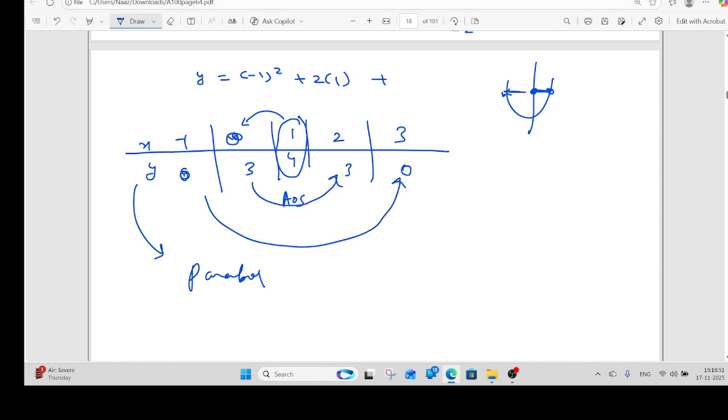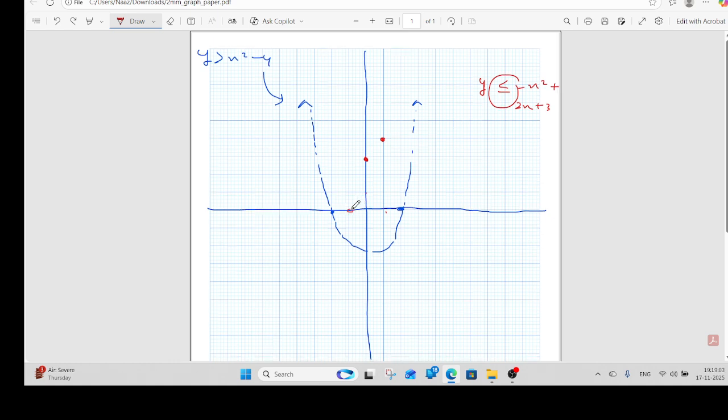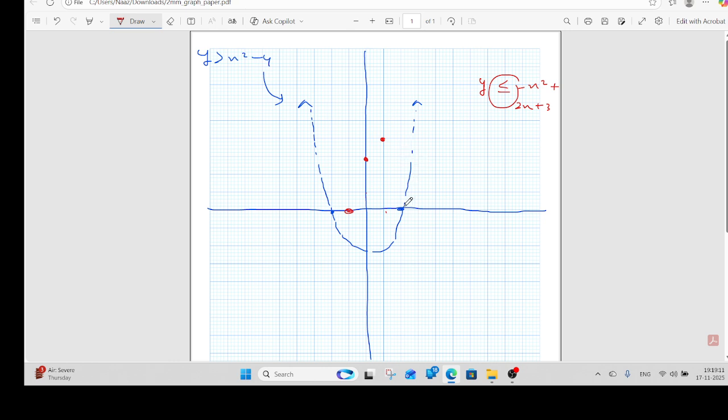Actually this is 0, sorry. So x is -1 and y is 0. So x -1 and y 0 is this point. Now because other points are symmetric about it, x is 2 and y is 3, and x is 3 and y is 0. So these are my other points.